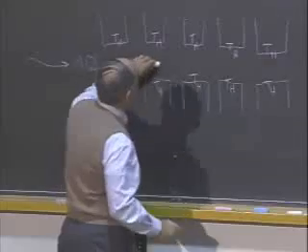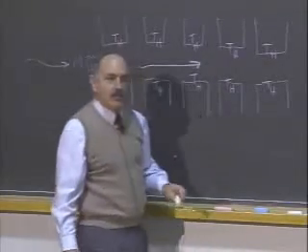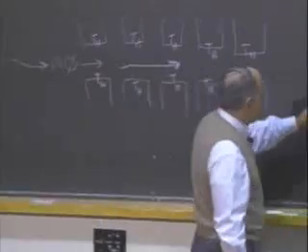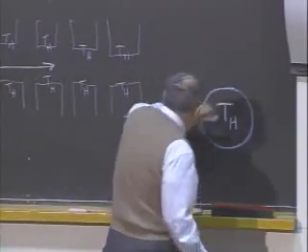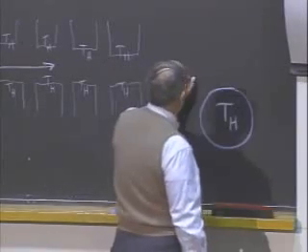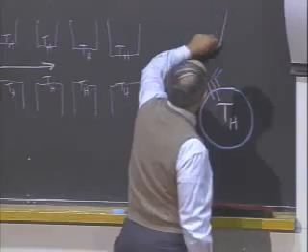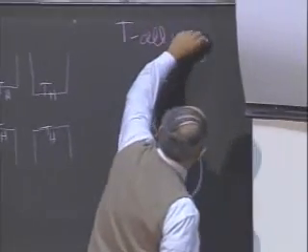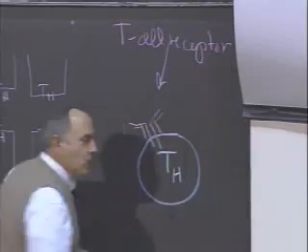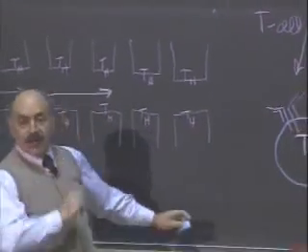And finally, the macrophage finds a T helper cell over here. So here's the T helper cell. And it turns out that by coincidence, the T helper cell has on her surface a T cell receptor that recognizes the epitope that the macrophage is peddling.